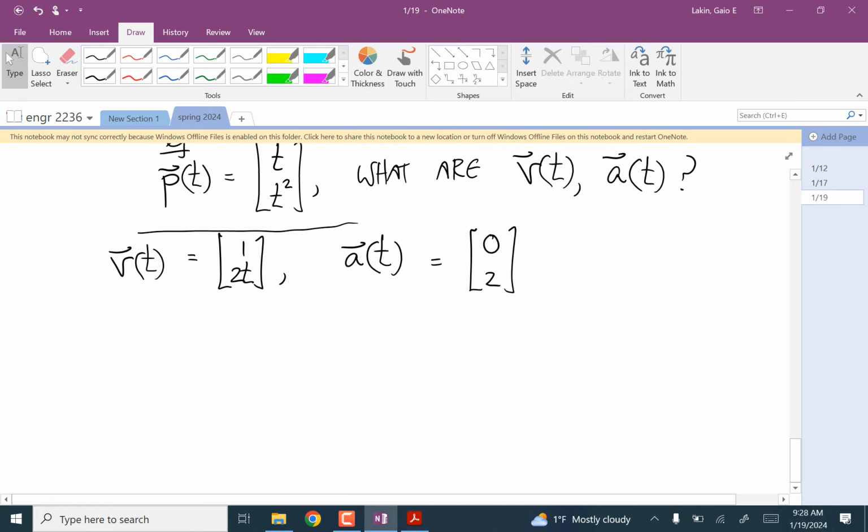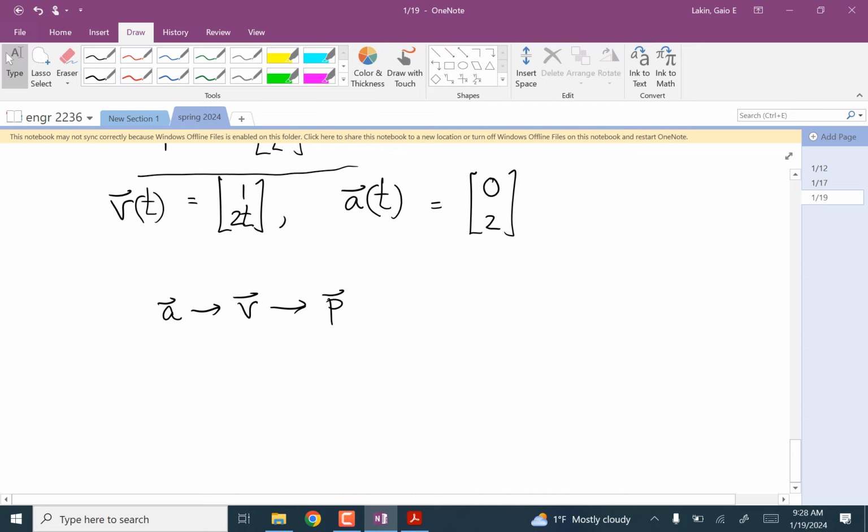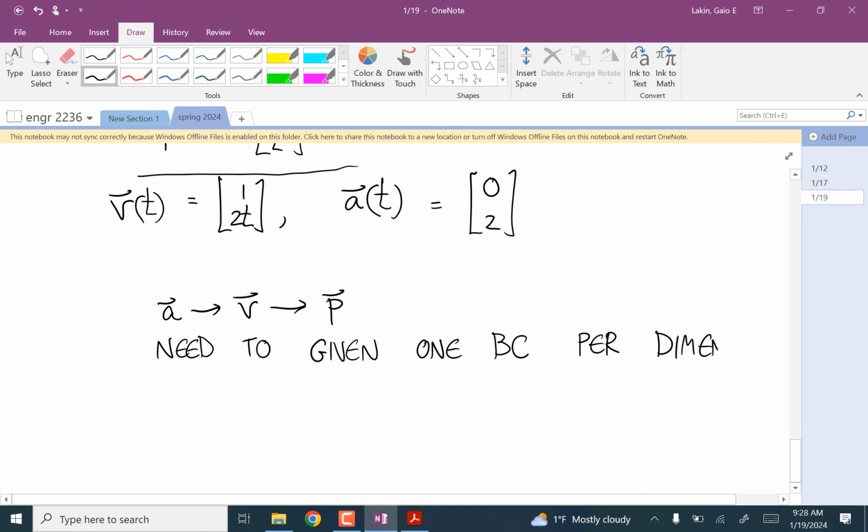But the other way you can go is acceleration to velocity to position. You need to be given one boundary condition per dimension per step.